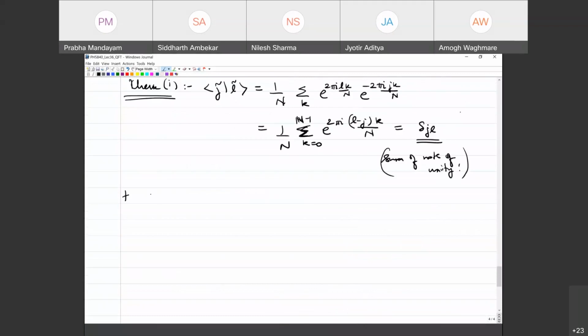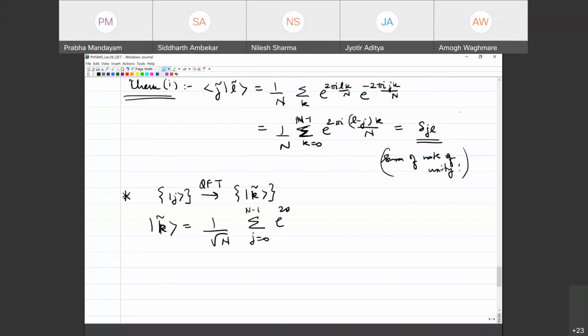So remember that K tilde, you're going from the basis J to the basis K tilde, right? What I wanted to ask is what is 0 tilde? Recall that K tilde is 1 over square root n, sum over J going from 0 to n minus 1, e to the 2 pi i j k by n, J, right?